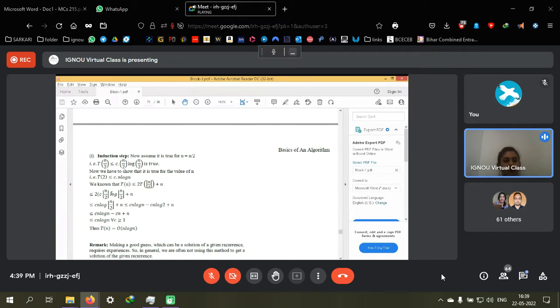So Cn multiplied by log n first, then Cn multiplied by log 2 with a subtraction sign, and this plus n as it is. Log 2 is always equal to 1. So here we can neglect the c value because this is a constant value. When we subtract n from n, we will get the value n log n.